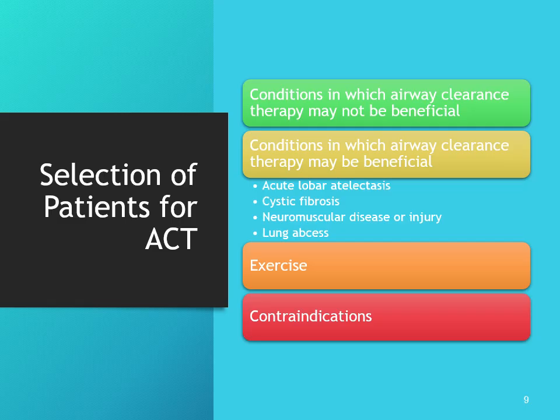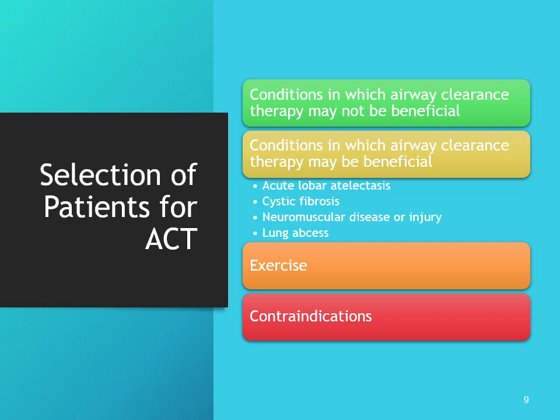Frank hemoptysis, empyema, foreign body aspiration, and untreated pneumothorax are all reasons to not do airway clearance techniques. They are considered contraindications, or a reason to not do them, for all of the different types of airway clearance techniques.